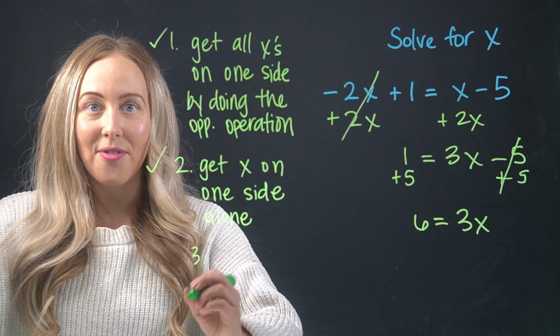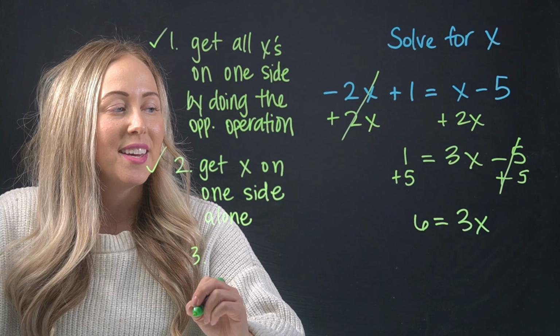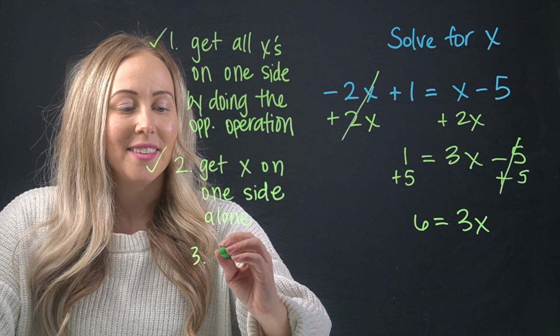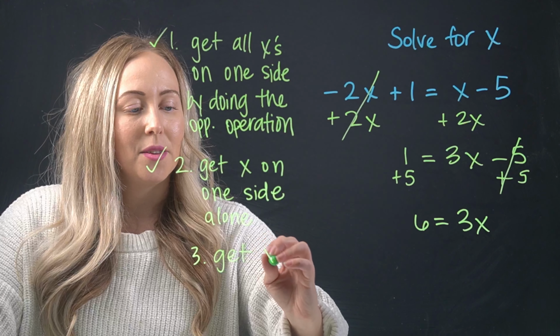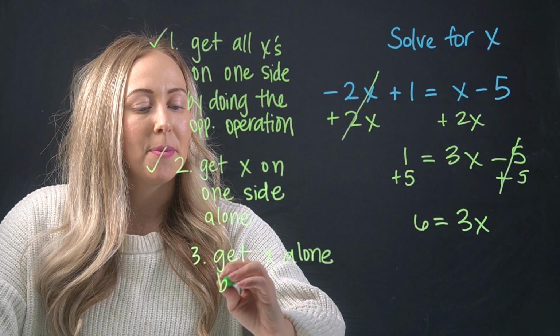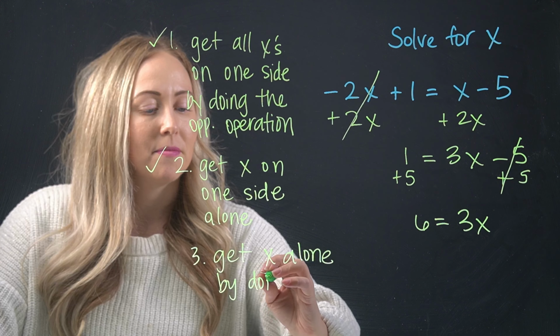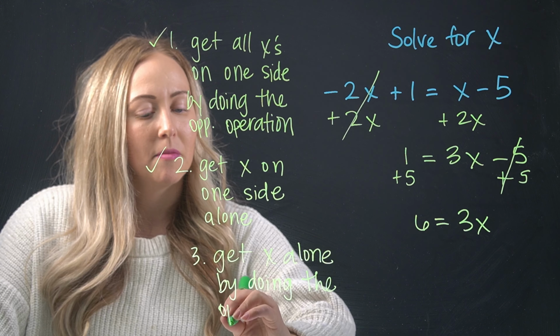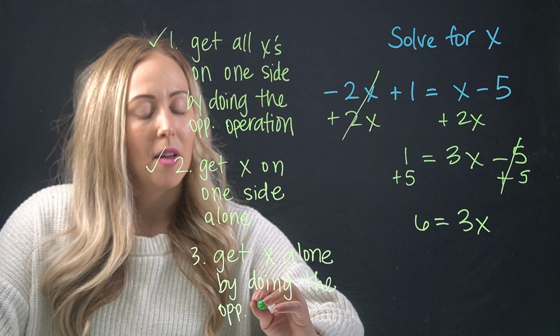Step 3, our final step, is going to be to get x alone by doing the opposite operation. So right now, what is happening to x?